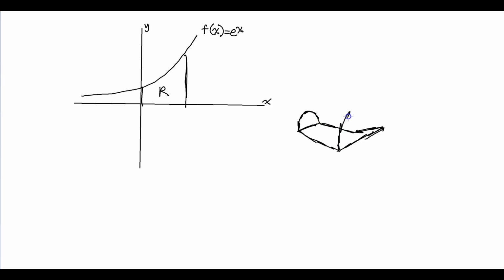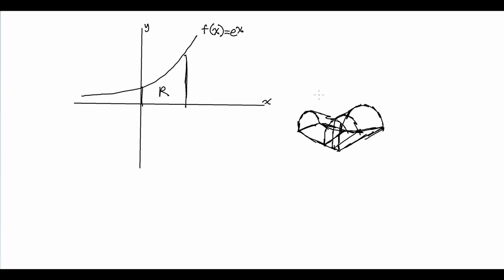This face will also be a semicircle. So will everything in between. This is also a semicircle. Now I can start to see our solid taking place, and this is our solid.